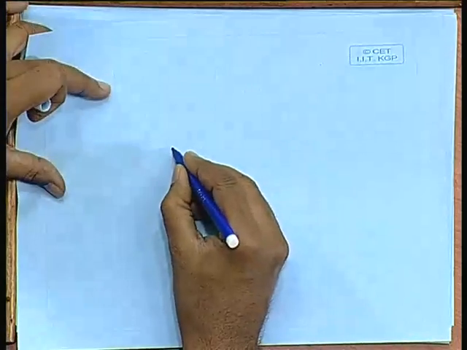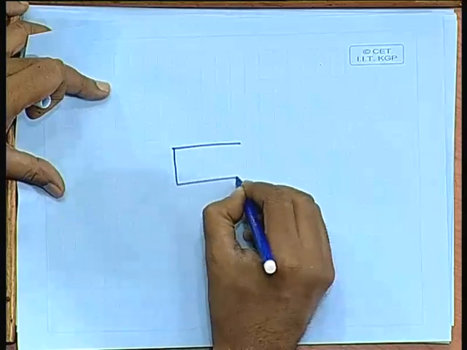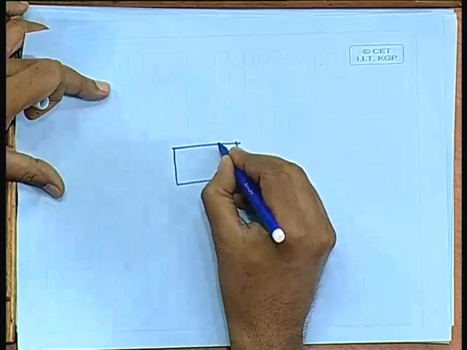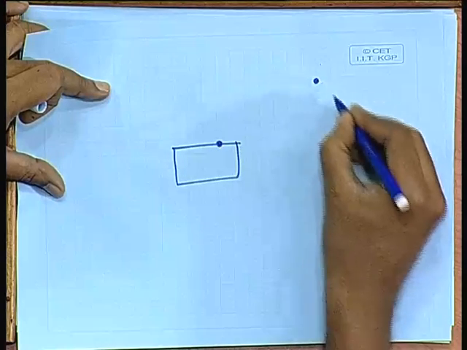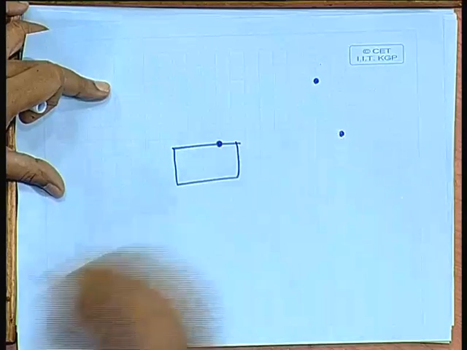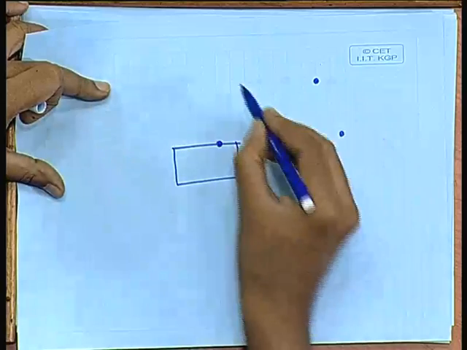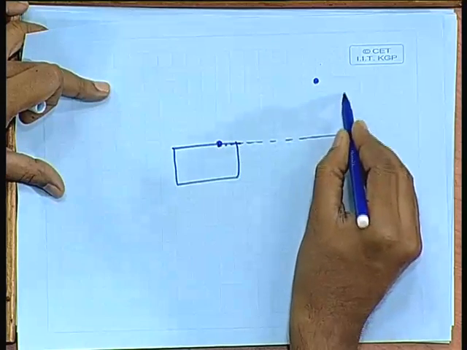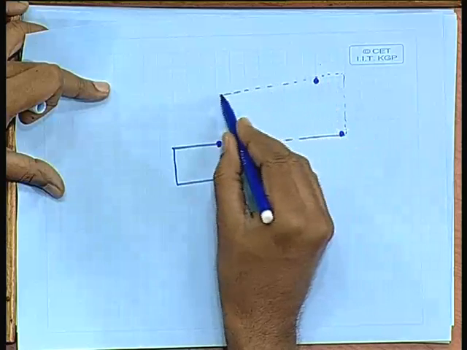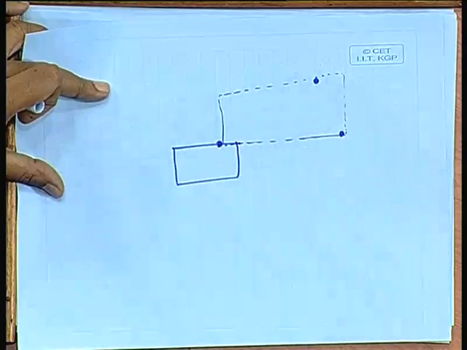Suppose for this particular block, there is one net which has to go out from this pin, and it has to connect this pin and this pin. So, you imagine a rectangular region which will be enclosing this net.